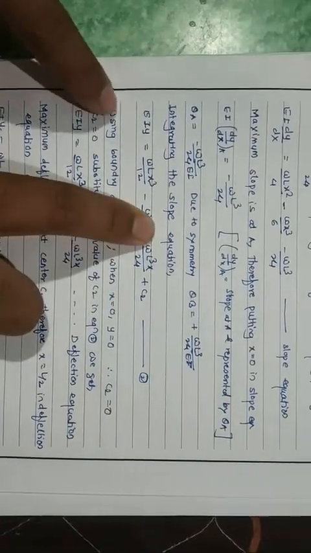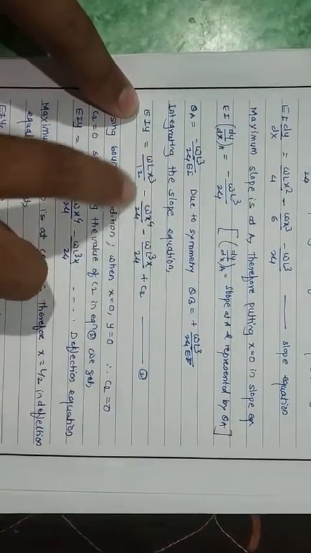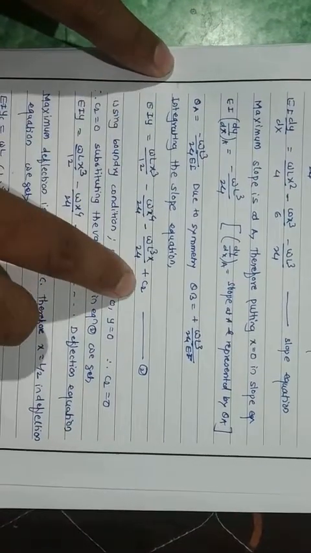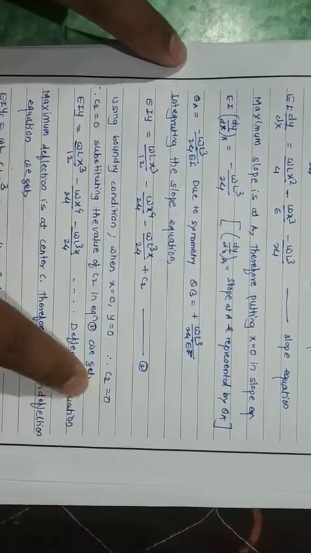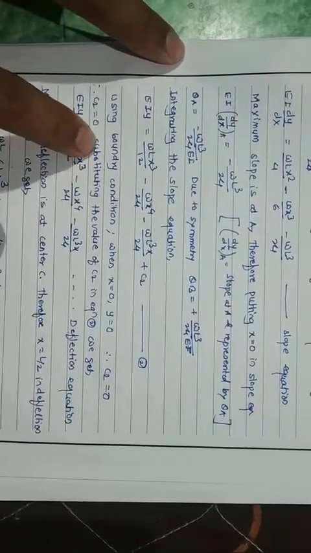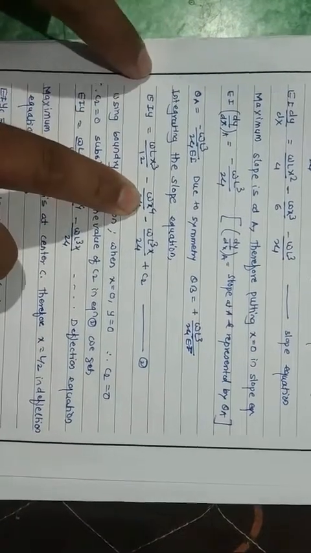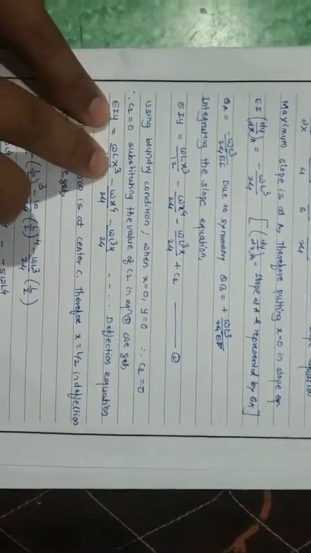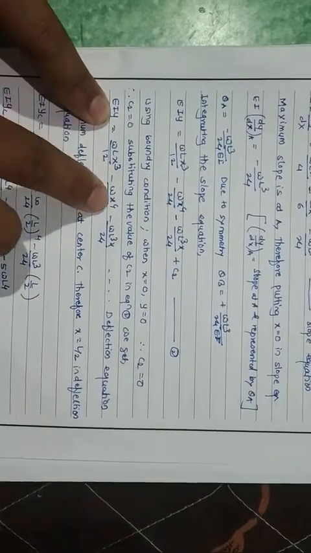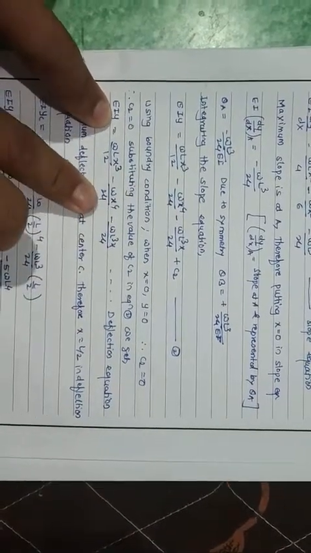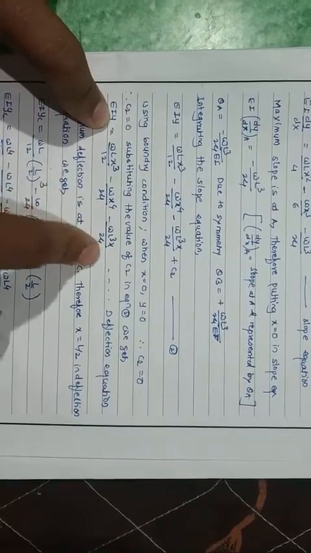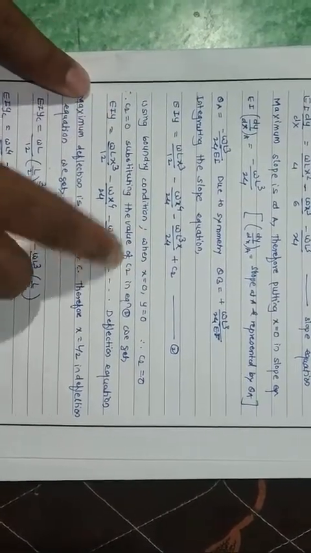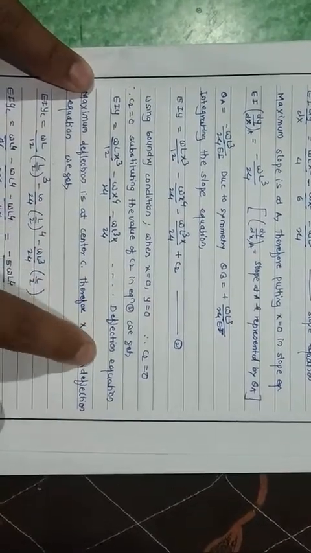If you put x equal to 0, all the terms become 0, and y is also 0, so C2 is equal to 0. Substituting C2 equal to 0 in equation 2, we get E I y equals W L x cube divided by 12 minus W x raised to 4 divided by 24 minus W L cube x divided by 24. These terms remain.